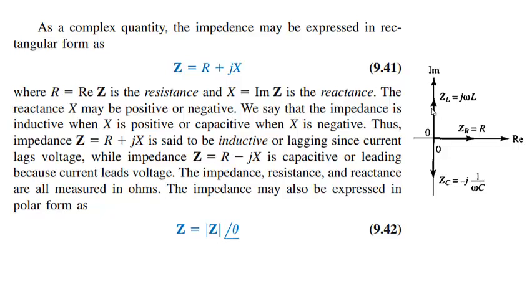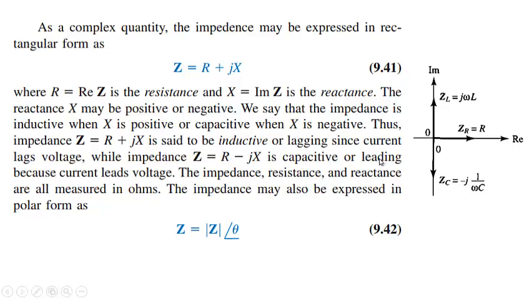When the circuit is inductive in nature, the current will lag the voltage by some angle, whatever the angle between these two is. And if ZC is greater, the circuit will be capacitive. In that case, the current will lead the voltage by some angle.